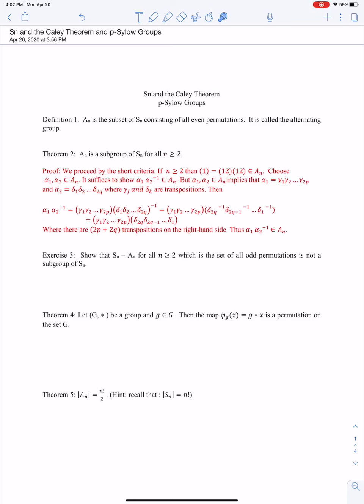But now I notice that each of these deltas is a transposition. A transposition is a cycle of length 2. It has order 2. It is its own inverse. So delta 2q inverse is just delta 2q. Delta 2q minus 1 inverse is just delta 2q minus 1, dot dot dot down to delta 1.